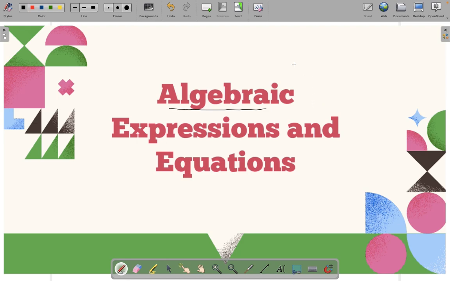Say, for example, if I ask you to think about a number, and I'll say that whatever number you think of, I'll just multiply that number by 5. So you know the number that you're going to think of, but I'm not sure what number is in your mind. So I'll use this letter or symbol x to represent what number you are thinking.